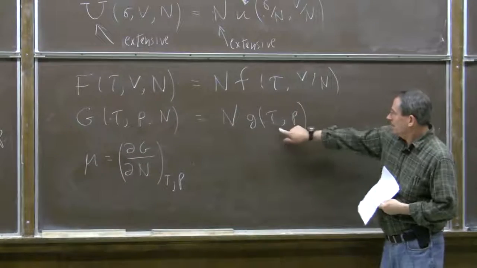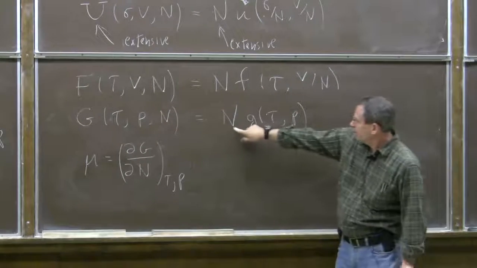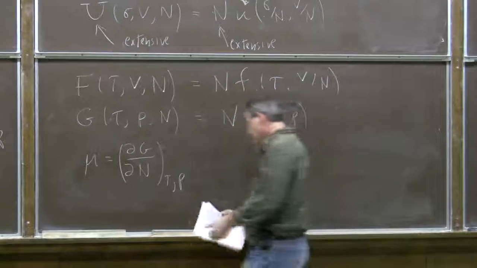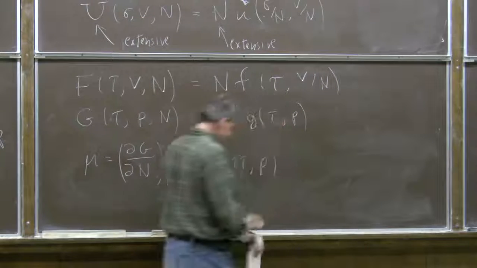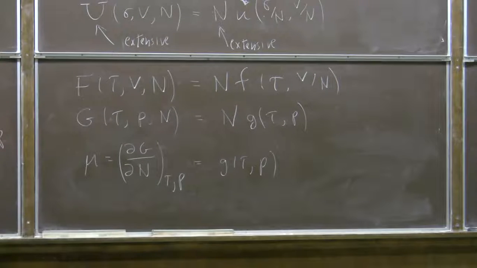Okay, but if I keep the temperature and the pressure constant, I'm just differentiating the n in front. So the chemical potential is the same thing as little g. The chemical potential is the Gibbs free energy per particle.